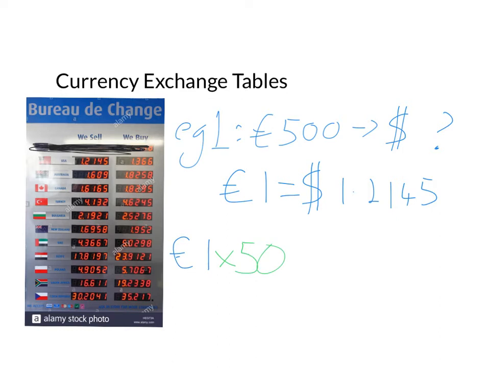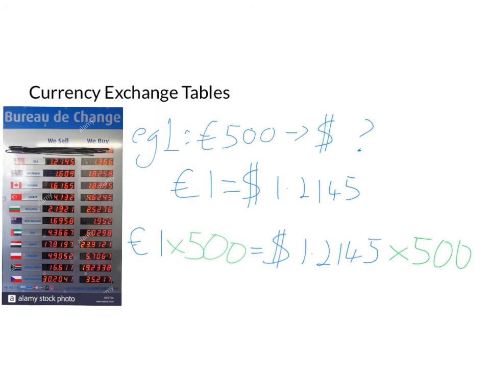And on the other side, we're going to multiply what we have there by 500 as well. So on the left hand side, €1 times 500 will give us €500. On the right hand side, when we multiply 1.2145 by 500, we get 607.25.